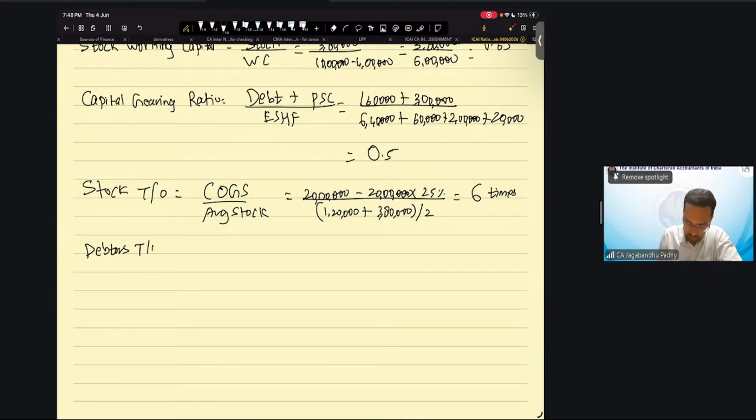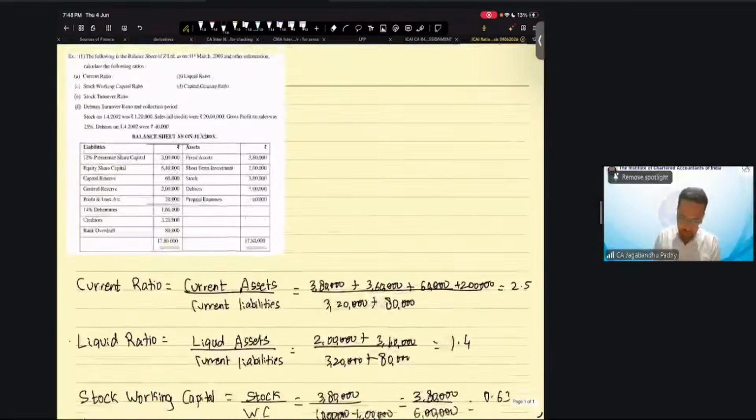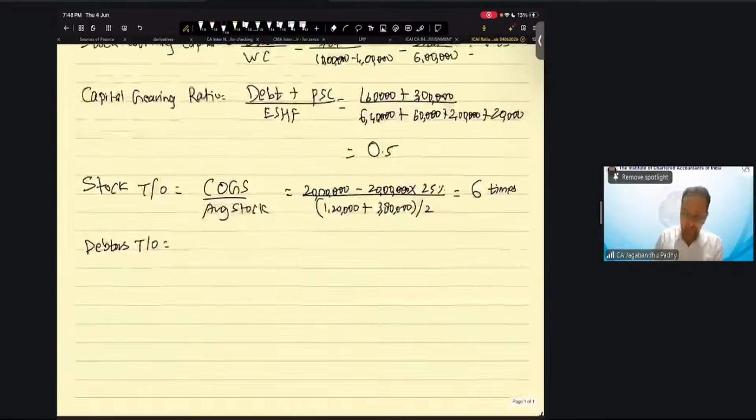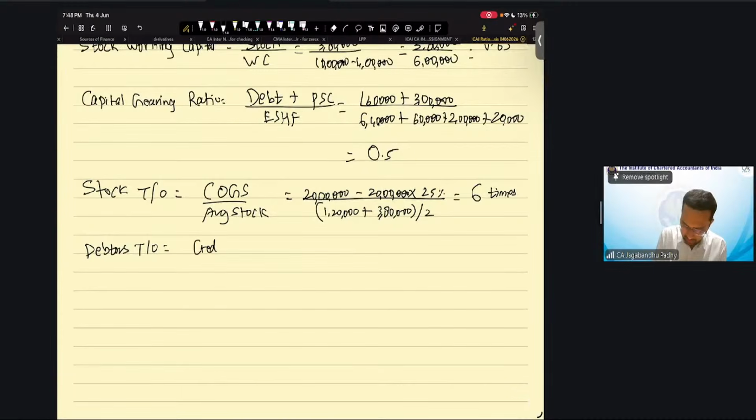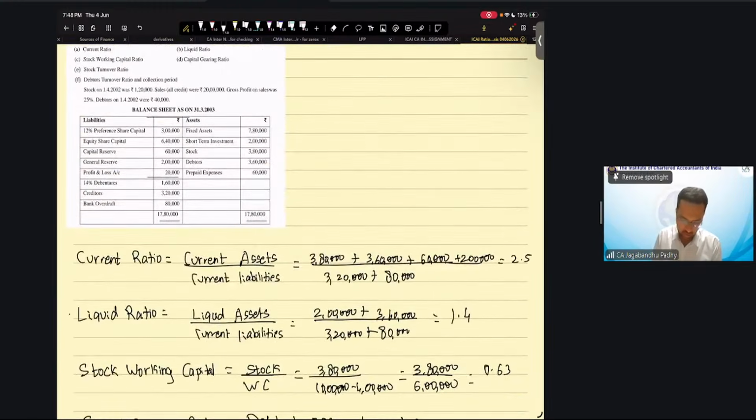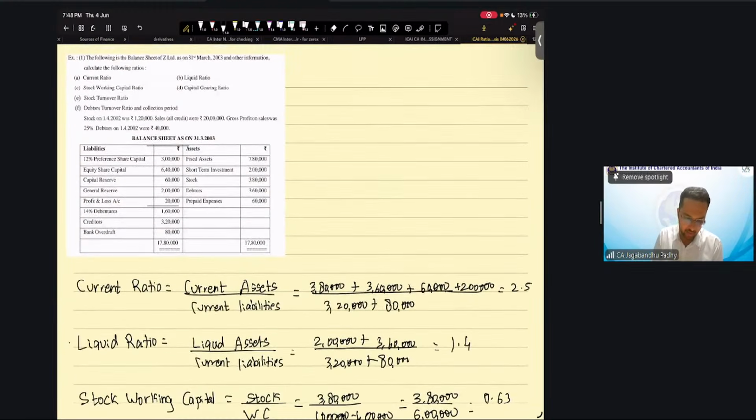So how do we calculate the debtors turnover? Debtors turnover is credit sales, right? Because everything is on credit anyways. Credit sales upon average debtors or average receivables.